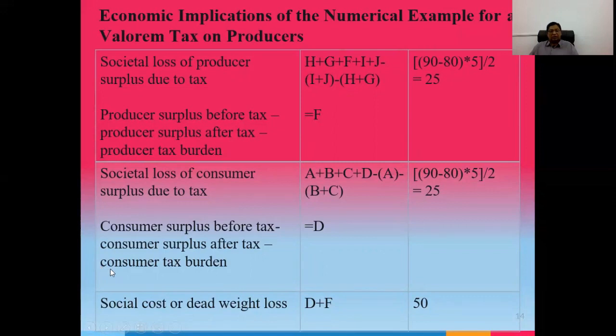That is the consumer tax burden, that is given by F. These are the two areas of deadweight loss of this tax.